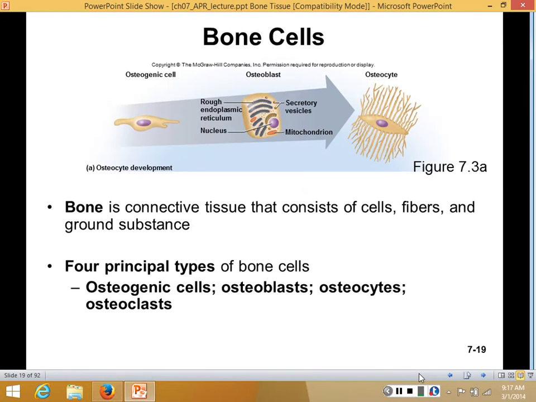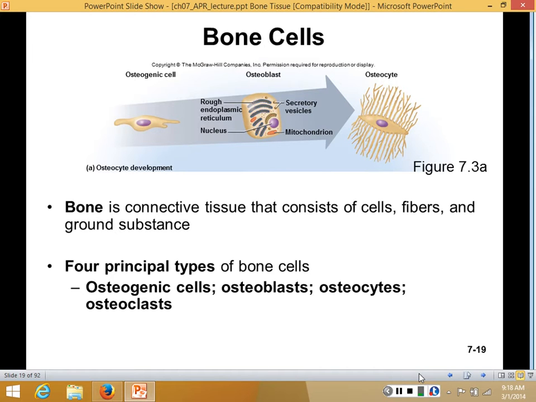So I think we're here. The different types of bone cells. There are 4 types you need to be familiar with: your osteogenic cells, your osteoblasts, your osteocytes, and your osteoclasts. In your textbook, on page 210, your osteogenic cells, the first cell that you see, of course, are your stem cells.